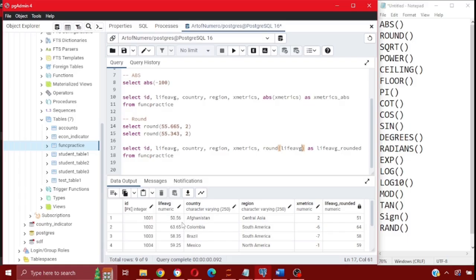So 50.56 is now rounded to 51, and the rule of 0.5 or greater applies here. Because 0.56 is equal to or greater than 0.5, it's now rounded to 51. Here 63.65 is also 64 because it's 0.65, and 58.35 is 58 because it's 0.35.